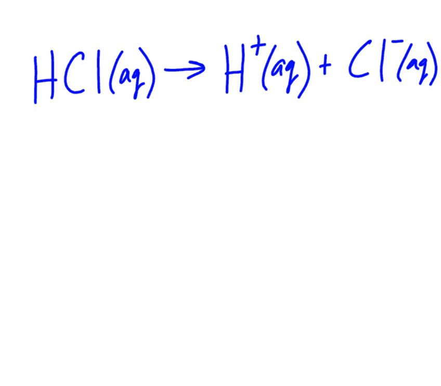So I have one hydrogen here, one hydrogen here, one hydrogen here. I have one chlorine here, one chlorine here. And of course, when I look, I have no charge here. I have one positive and one negative, coming together to make something neutral, or in this case, something neutral breaking apart into something that has charges.